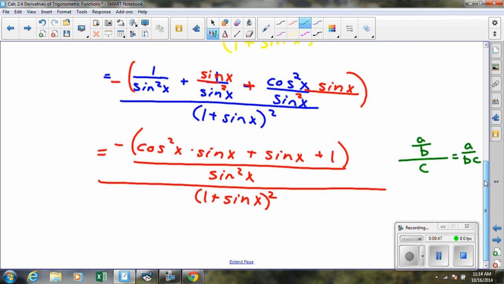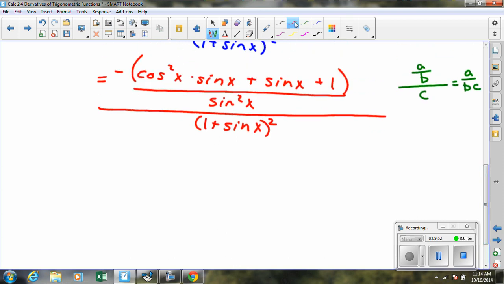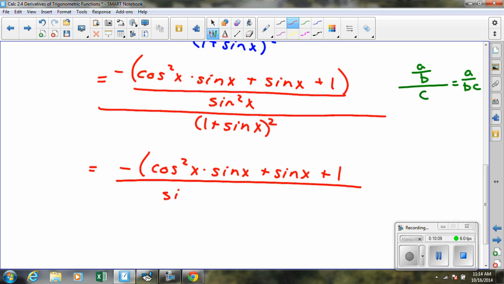I'm going to use that algebraic rule to complete this part, which would allow us to rewrite this as negative cosine squared x times sine of x plus the sine of x plus 1 all over sine squared x times 1 plus sine of x quantity squared. And so with this last part, we are finished.